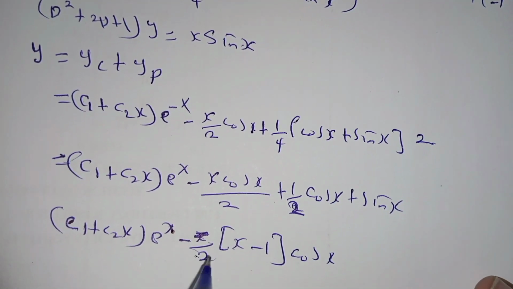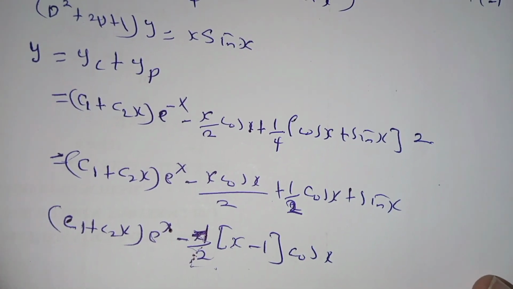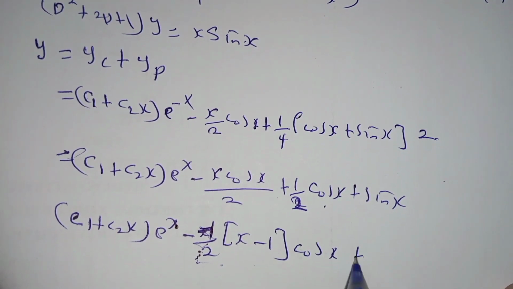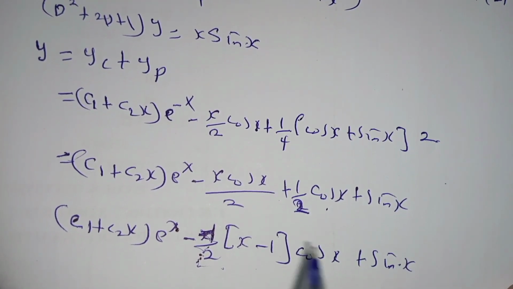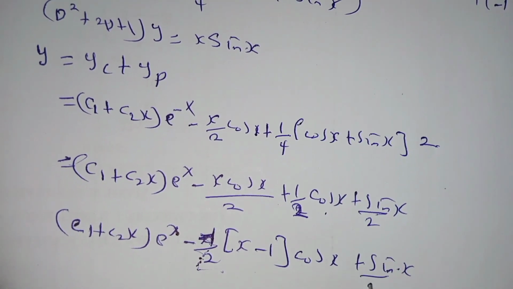I've factored half outside. This is 1 over 2, and I've also factored cos of x outside plus sine of x. That is over 2 here.